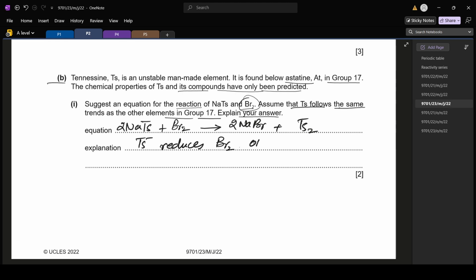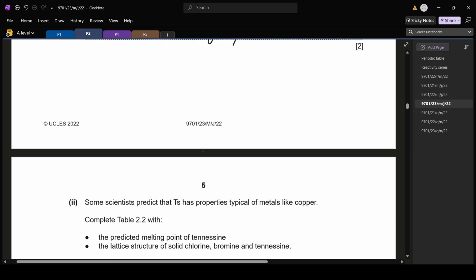Or you can write reactivity decreases down group 17. Okay, so this is the reason.